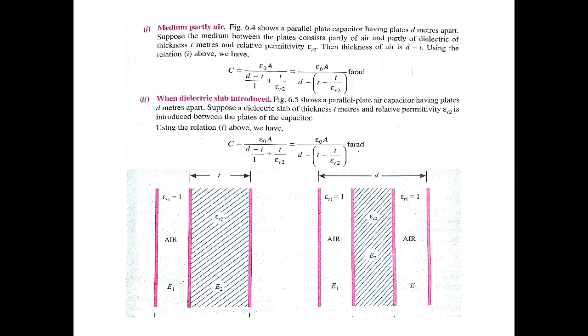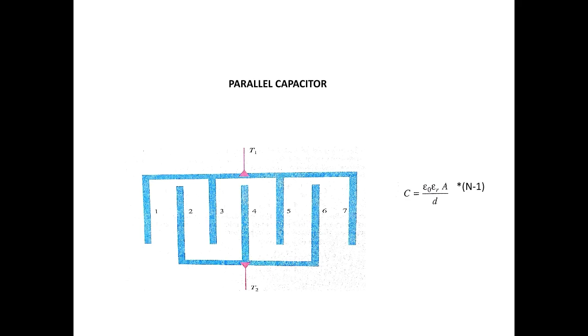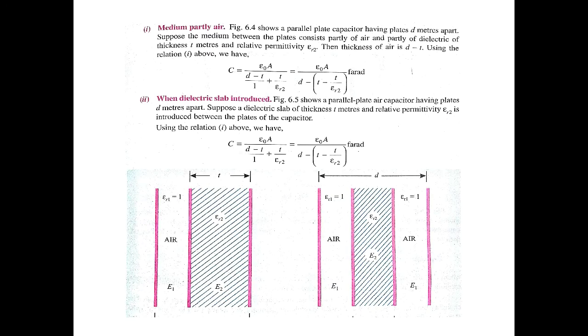Suppose the total thickness of the insulated medium is D, and the dielectric slab thickness is T, with relative permittivity epsilon r2. Now its value is epsilon naught A by T by epsilon r2 plus D minus T by 1, because D minus T is the thickness of the air insulating medium, whose relative permittivity is 1. So C equals epsilon naught A by D minus T by 1 plus T by epsilon r2.